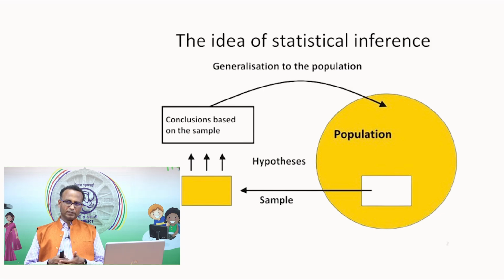So, just imagine we have a sample of 2000 students, but you have a population of 20,000 students. You have to draw inference about the population from studying the sample.